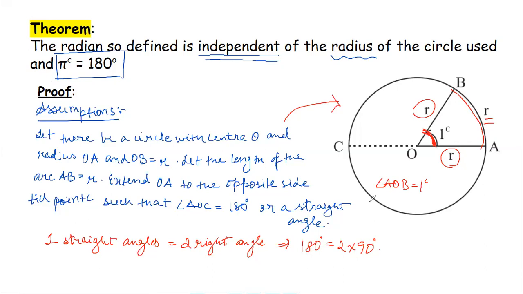This is the information we have right now, and based on it we will solve the theorem. So this is the assumption part. Note it down, and we will start with the main part of the theorem now.